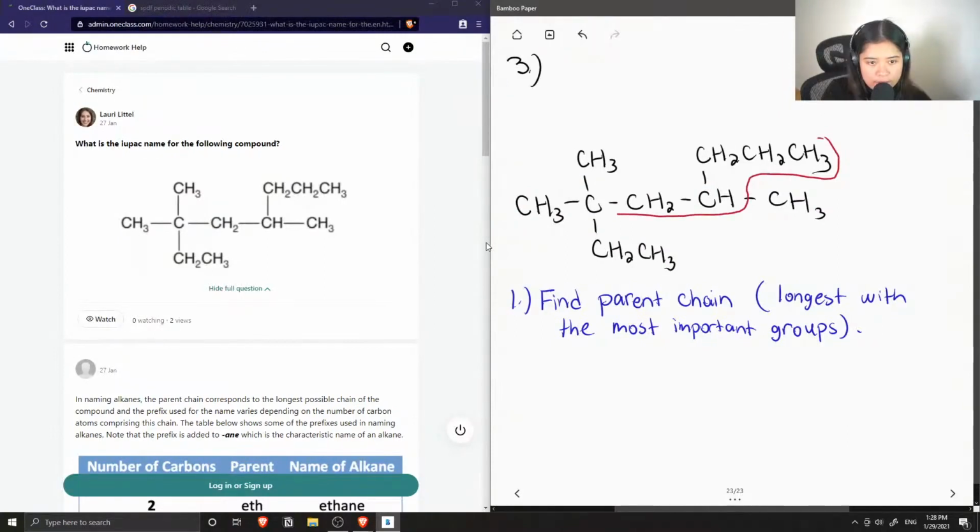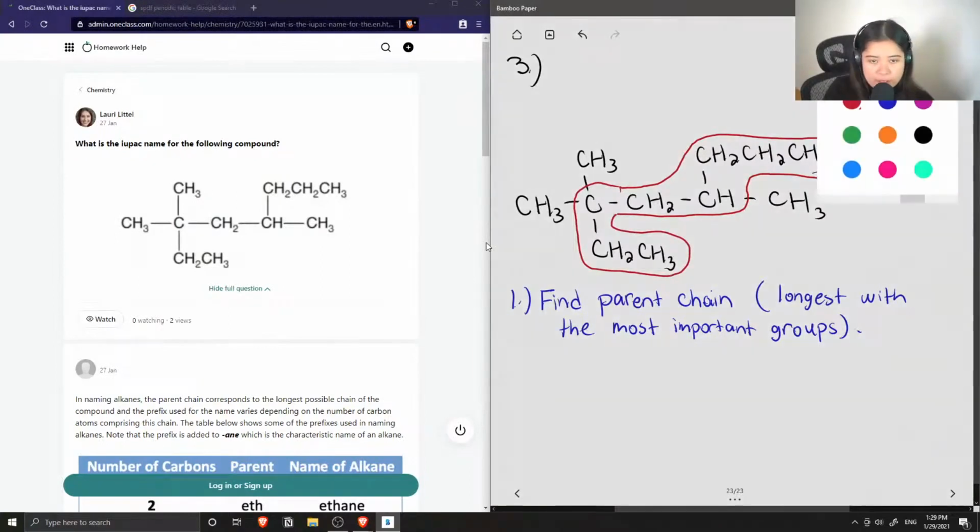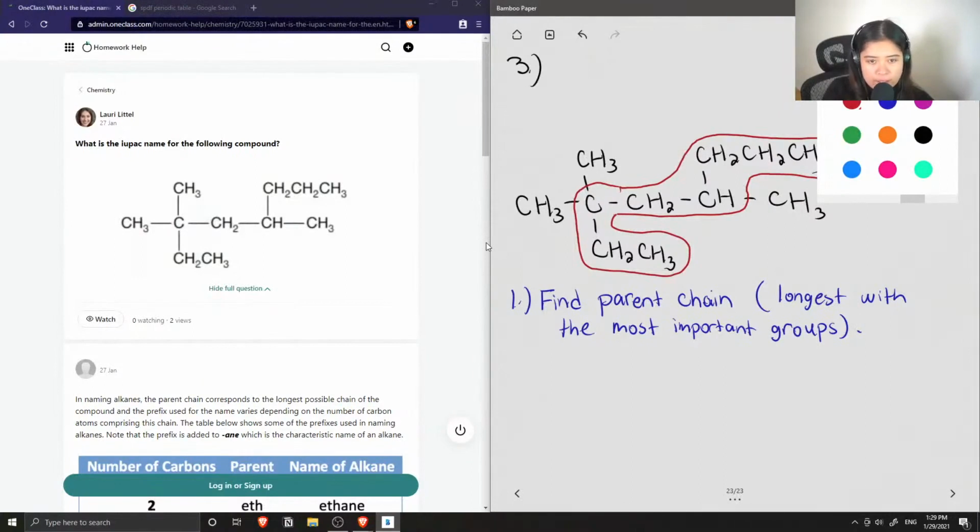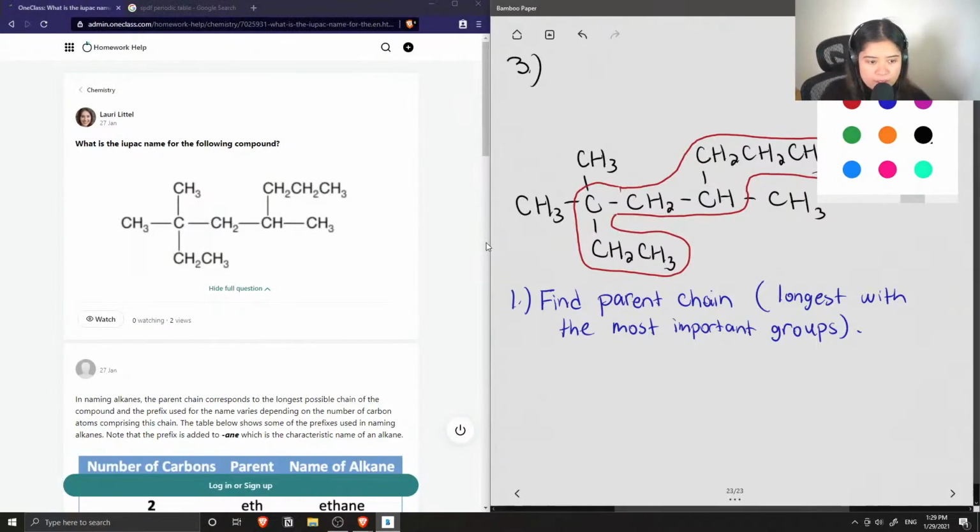Then we circle it so that we can visualize the chain. When choosing to go up or to the side or down, notice that if we go down, this is also the longest chain. Okay, so here I have circled the parent chain, which is the longest chain with the most important group. In this case, it's just the carbons.